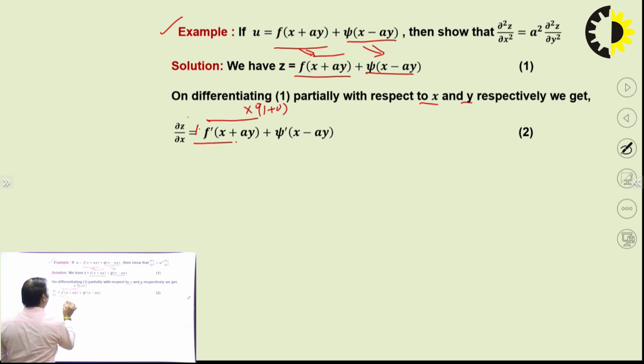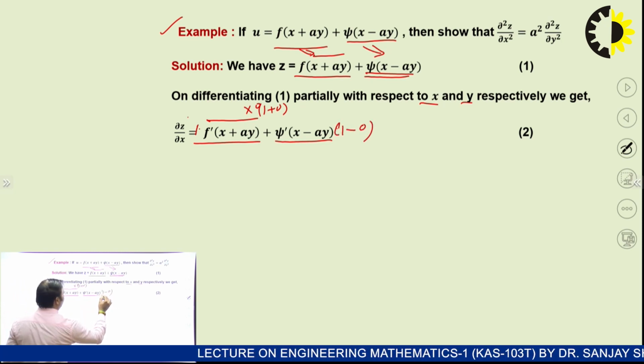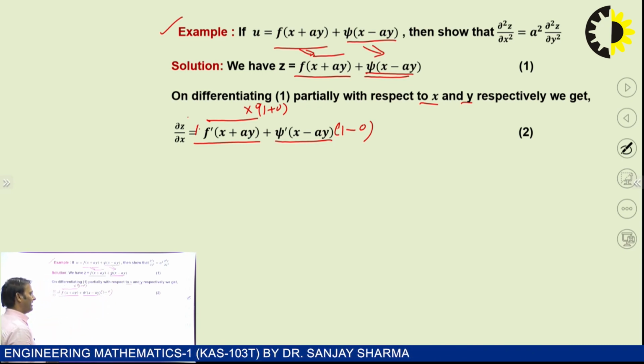It is not shown here, but it is there. It is basically 1 into f dash of x plus ay. And my dear friend, we have to obtain the same for the second function. So this time we have to differentiate the psi function. It converts into psi dash. Obviously, for the function of x, the differentiation of x becomes 1 and the differentiation of ay becomes 0. So it remains 1, right?